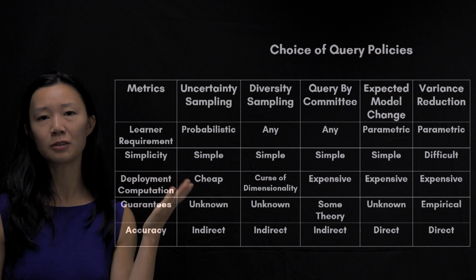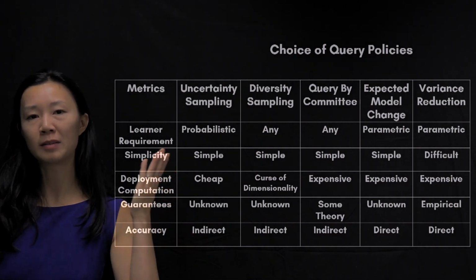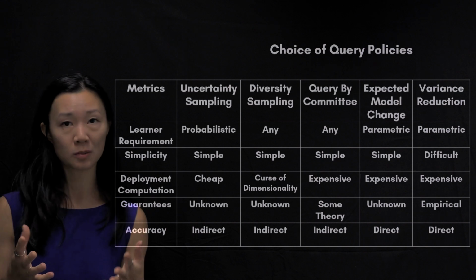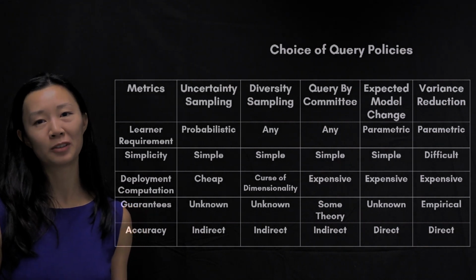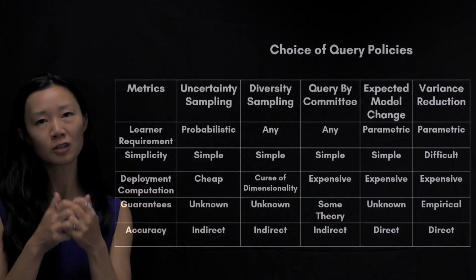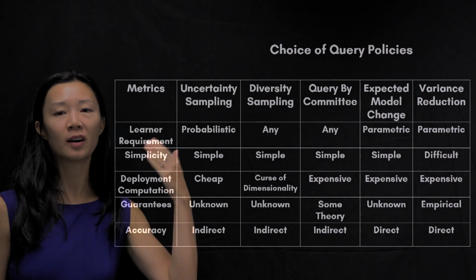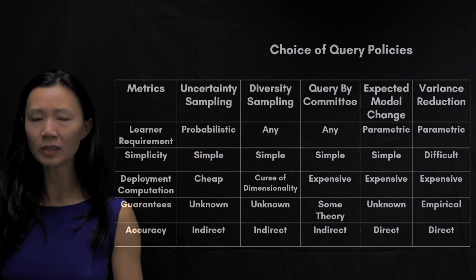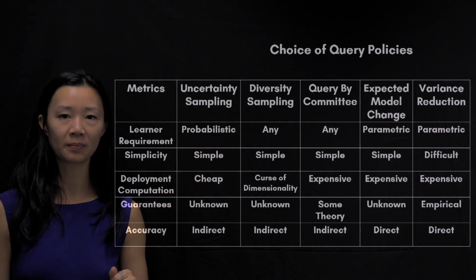And so things that you should care about when you're selecting query policies are, what are the requirements on your learner if you were to select this query policy? Some query policies do not play well with some learners, and so we need to make sure that the interface, the point in which they're talking to each other and passing signals, is consistent. So for uncertainty sampling, you want to make sure that your learner is probabilistic in nature.